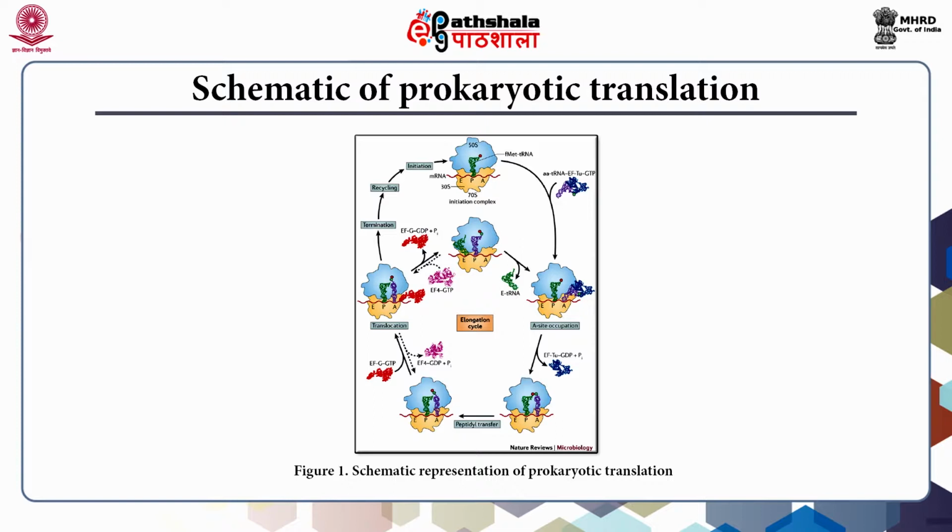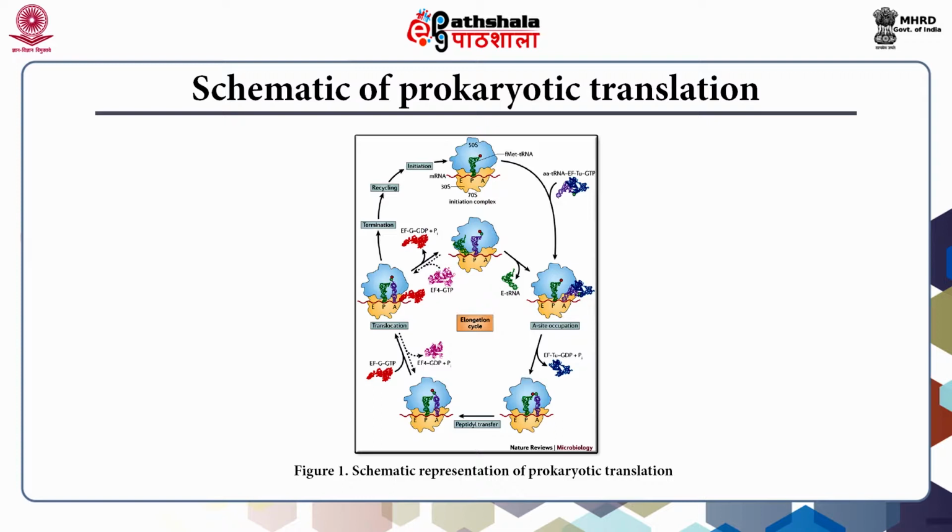Following peptide bond formation, we now have a dipeptidyl transfer RNA present at the ribosomal A site and a deacylated transfer RNA present at the ribosomal P site. Next, in presence of elongation factor G GTP complex, the ribosome moves by a distance of 1 codon towards the 3' end of the messenger RNA molecule.